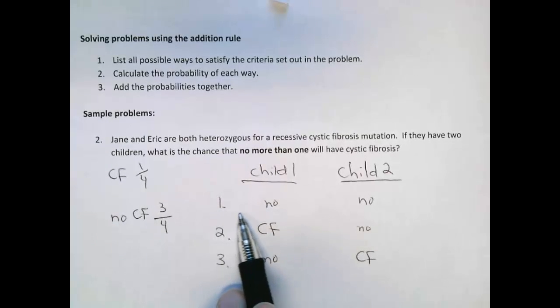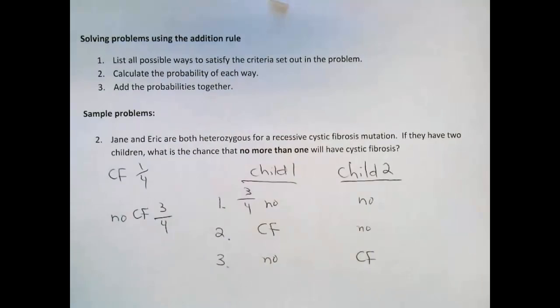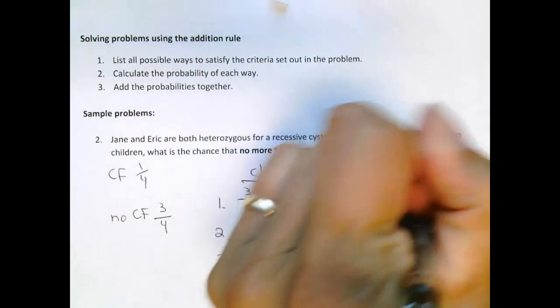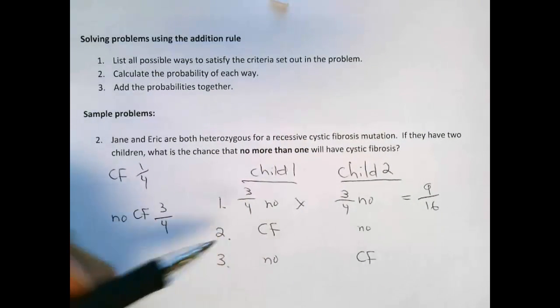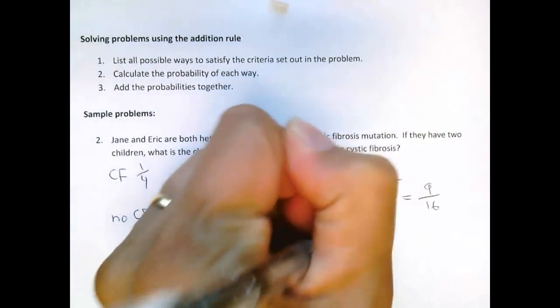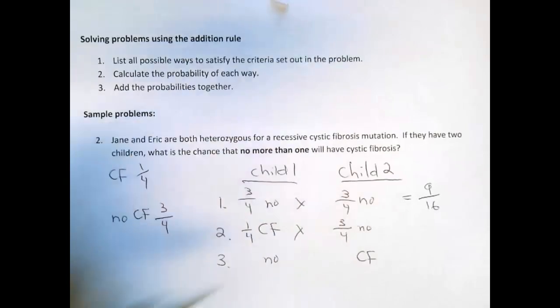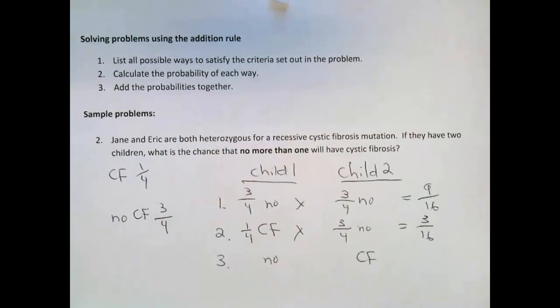Next, we're going to calculate the probability of each of these individual scenarios. So this first scenario, let's put the probabilities in. The chance of having a child who does not have cystic fibrosis is going to be 3/4. Same thing with the second one, and we're going to calculate that overall probability by multiplying these two probabilities together. Chance of the second scenario, a child with cystic fibrosis, 1/4, no is 3/4. And so we're going to multiply those two probabilities together to get 3/16.